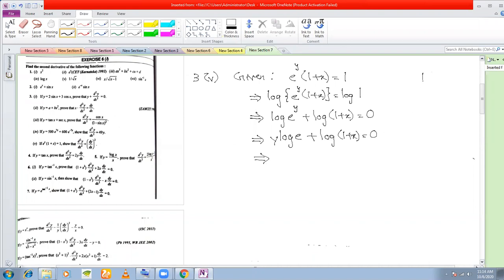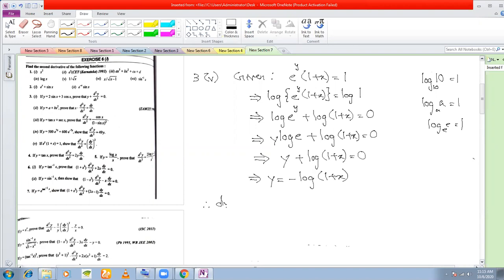In class 10 you have done log 10 to the base 10 is equal to 1. Log a to the base a is equal to 1. So therefore log e to the base e will be 1. So y into 1 is y plus log 1 plus x is equal to 0. So what are you getting y as? Y you are getting minus log 1 plus x.